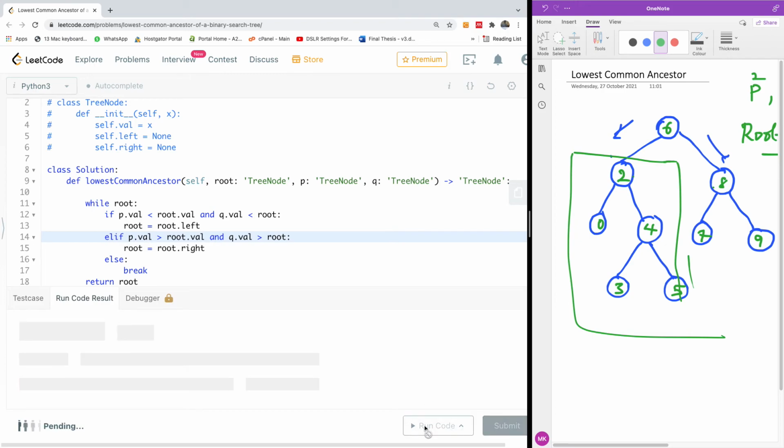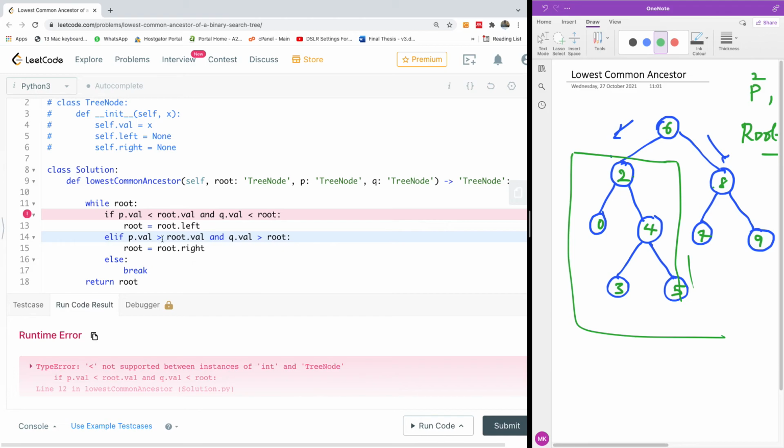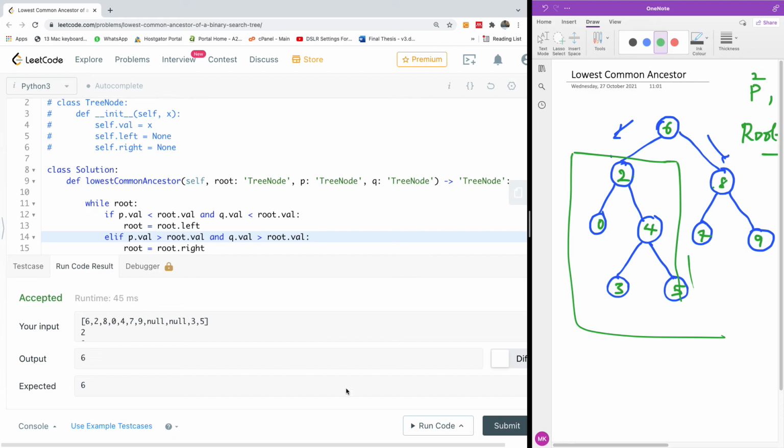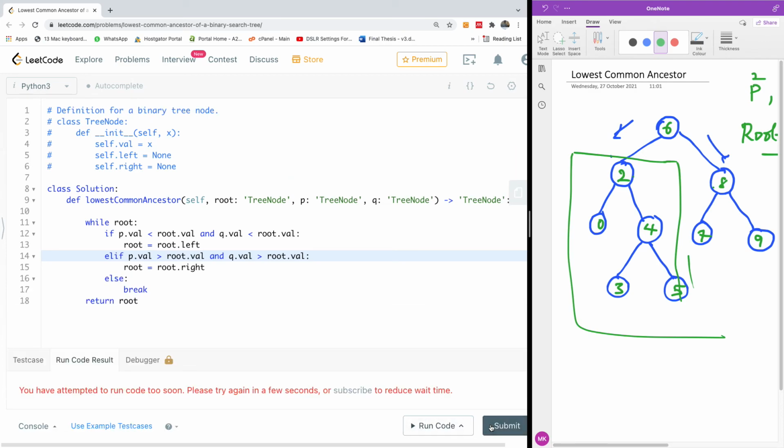I'm going to run the code again and see what we have. Okay, the same val issue. Let me run the code one more time. And this time it works. So let's go ahead and submit the code.